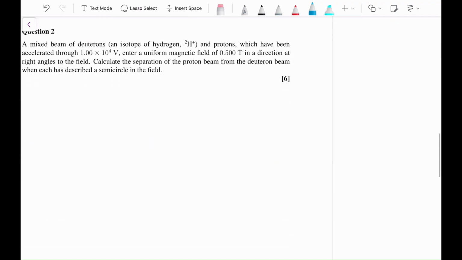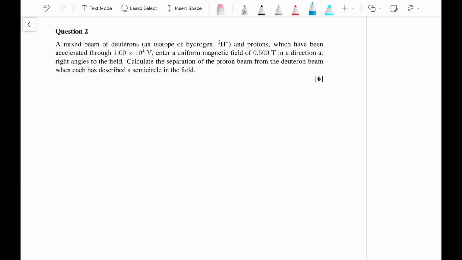Now, let's see the next question over here. It says a mixed beam of deuterons, and then he gave us the nuclide notation for it, so that is with a mass number of 2, and then with a positive charge. Okay, and then it says, and protons. So there's deuterons and protons, which have been accelerated through a voltage that is 1 times 10 to the 4, enter a uniform magnetic field of 0.5 teslas in a direction at right angles to the field.